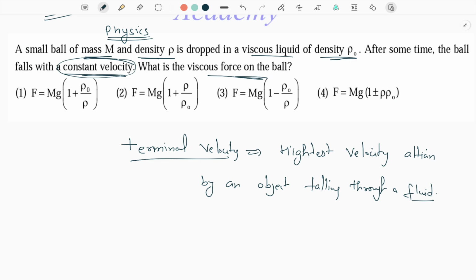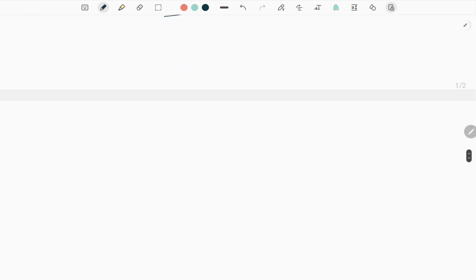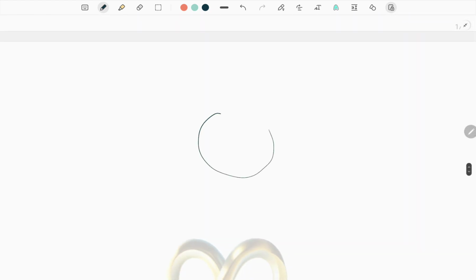If the velocity is constant, that means the net force on the body is 0. So we make a free body diagram of the ball. This is our ball. It is falling because of the gravitational force acting downward, and it is in the viscous liquid.